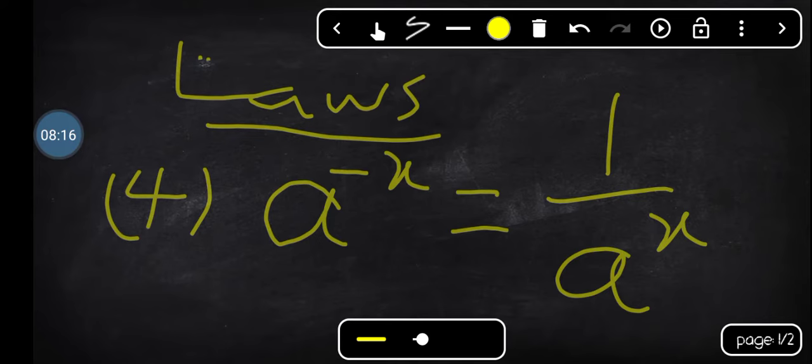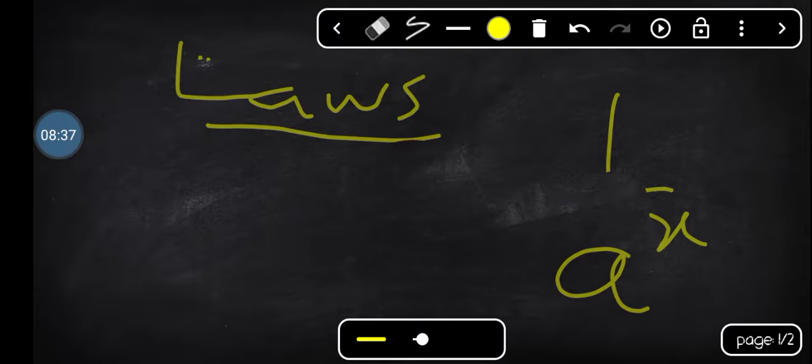This is very important. These are fundamental things to know in indices. If you don't know this, there will be problems when we are solving questions regarding indices.